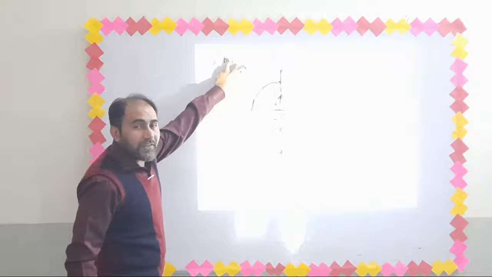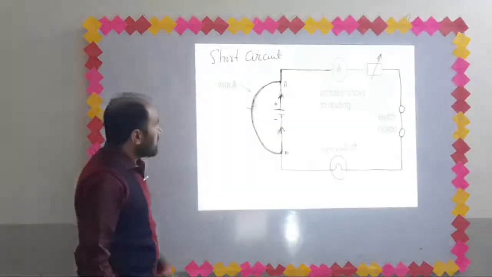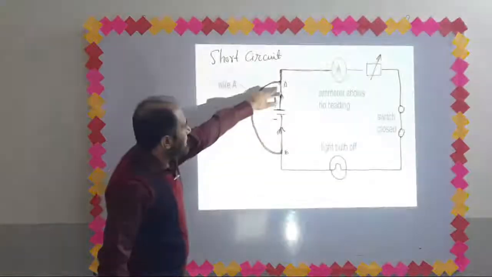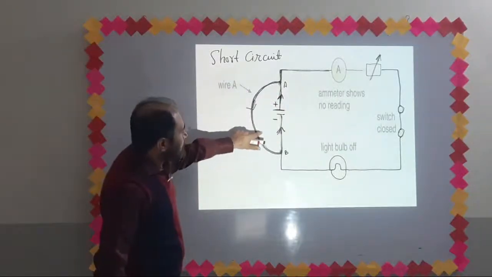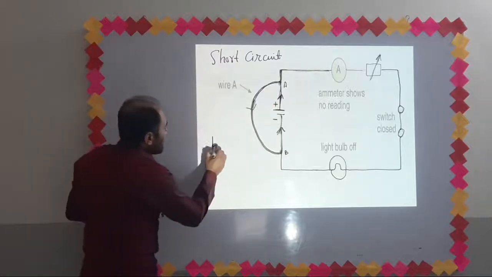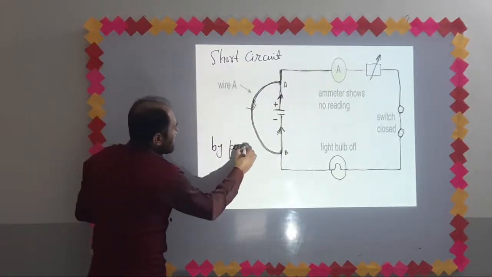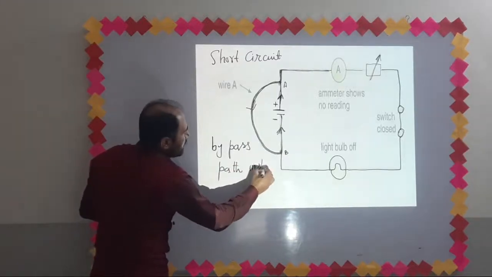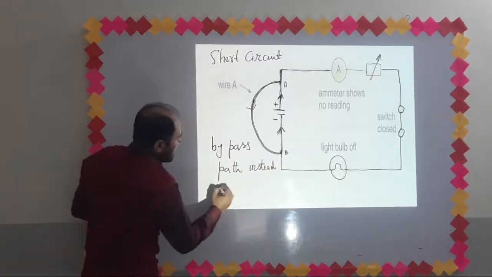So I am going to define a short circuit. A short circuit is such a circuit in which current takes a bypass path. Current will take a bypass path instead of flowing through the main circuit.